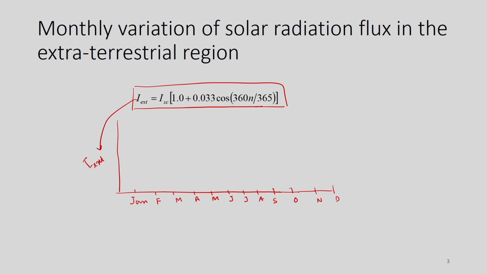If we use January 1 at the end of the month, maybe n is equal to 31. So, there are some recommendations. Sometimes we need to analyze daily how this radiation is varying. What is the extraterrestrial radiation on day 1, maybe 1st January, what is it on 2nd January?